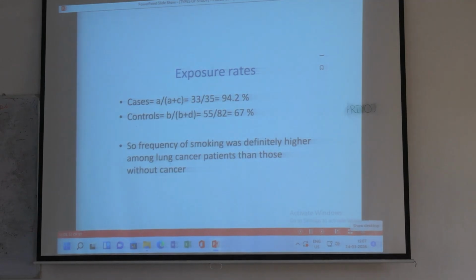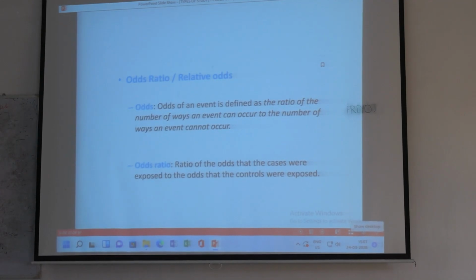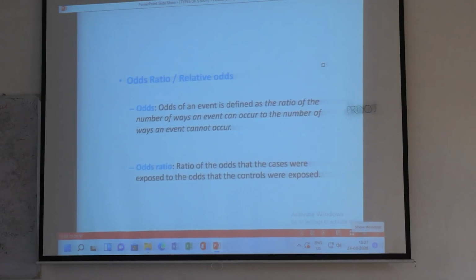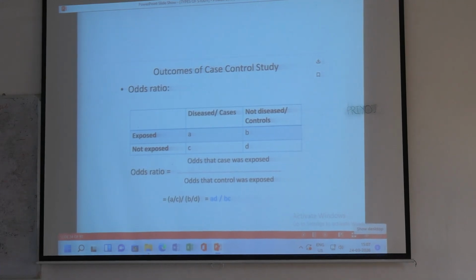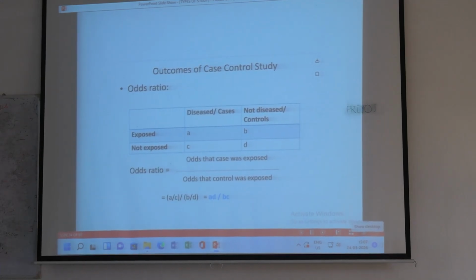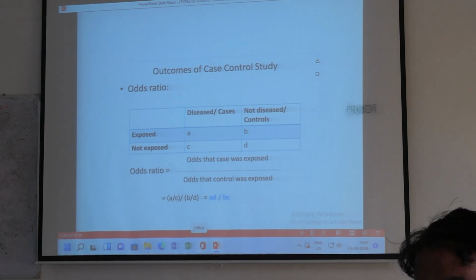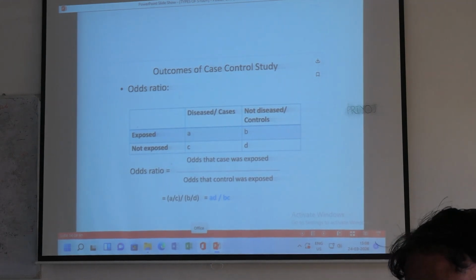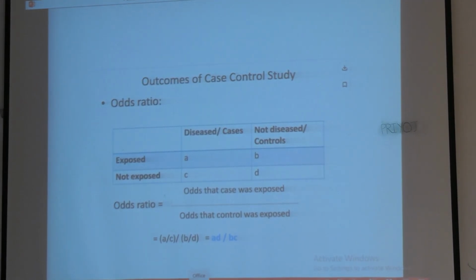Then comes the next one, the odds ratio. Again, we talked about the odds ratio: the ratio of the odds that the cases were exposed to the odds that the controls were exposed. So here again, AD by BC, what I told you just now. The odds that the case was exposed, A by C, divided by B by D, gives you AD by BC. Now, don't break your head over that. At MBBS level, just remember AD by BC.